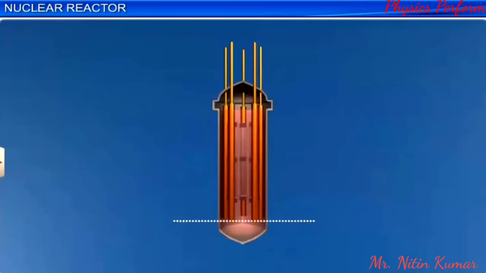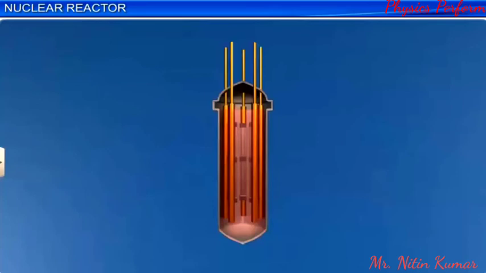Let us now define a quantity called the multiplication factor K for a reactor, which is a measure of the growth rate of the neutrons in the reactor. Multiplication factor K is defined as the ratio of the number of fissions produced by a specific generation of neutrons to the number of fissions produced by the previous neutron generation.